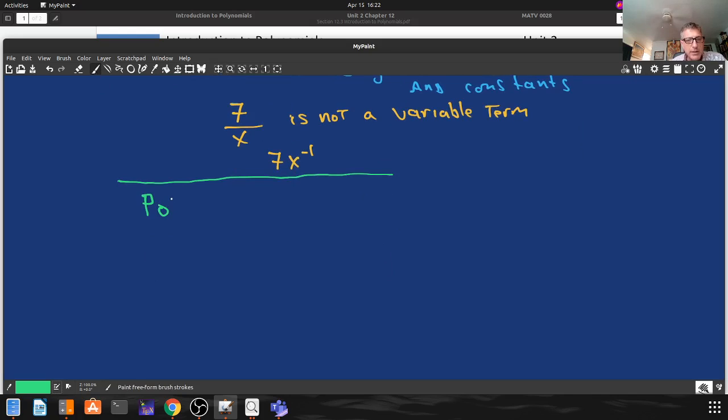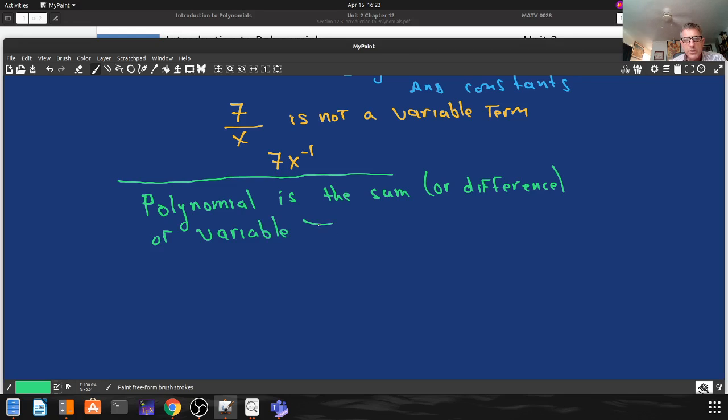So a polynomial, that's what we're defining, is the sum, or for that matter, difference of variable terms.